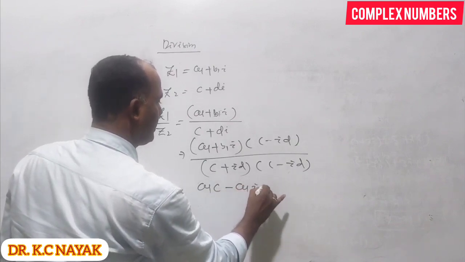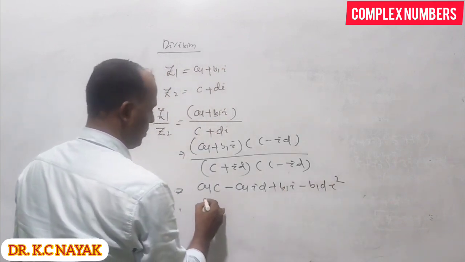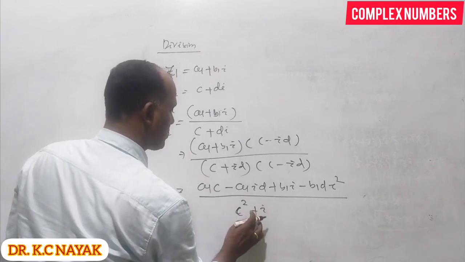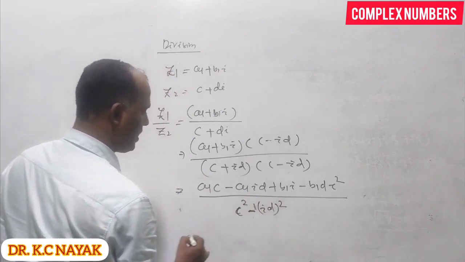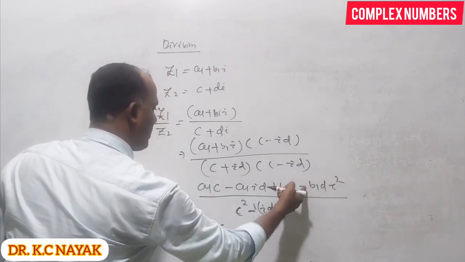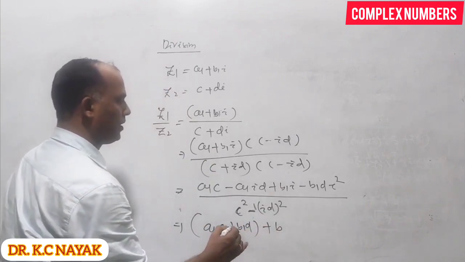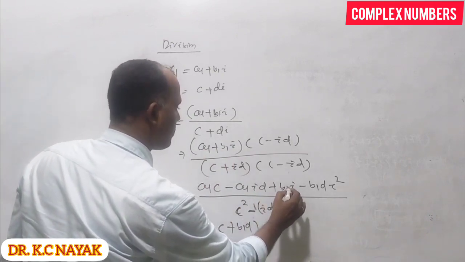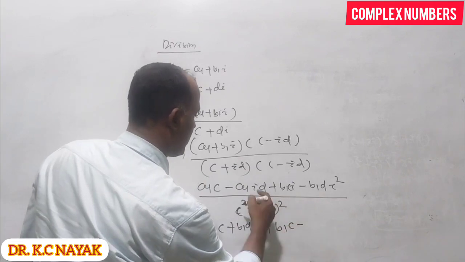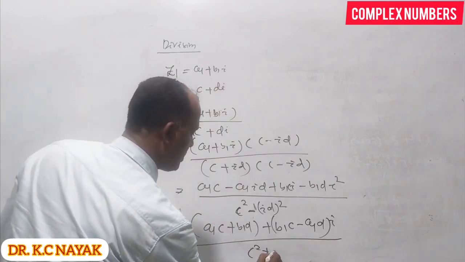a1c minus a1id plus b1i c minus b1d i square, whole divided by a plus b, a minus b, that is c square plus d square. Here i square is minus 1, minus minus plus, that means a1c plus b1d plus b1c i minus a1d i, whole divided by c square plus d square.